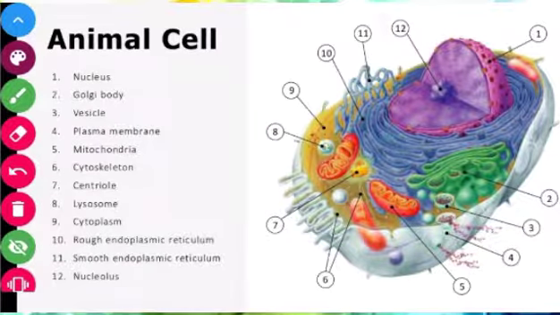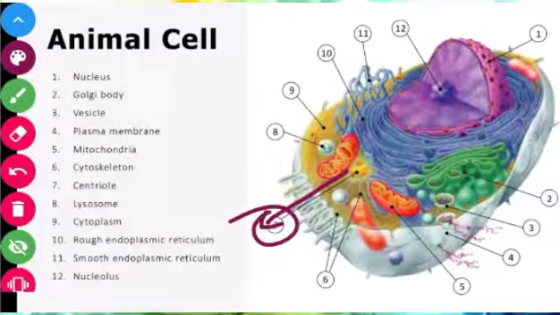And let us move on to the next organelle, that is the centriole. Centriole is very important and helpful, and it's only present in the animal cell. It helps during cell division, that is mitosis and meiosis. It is a very important structure which produces the spindle fibers.